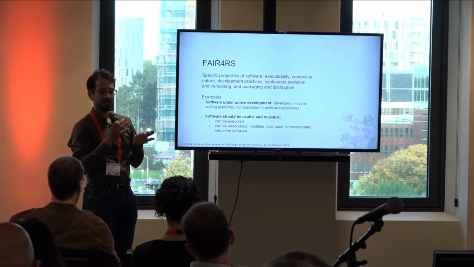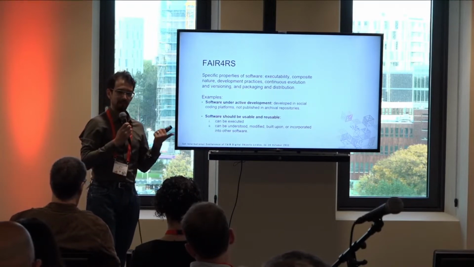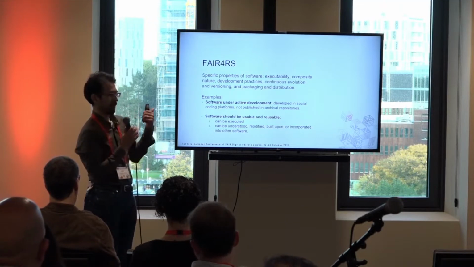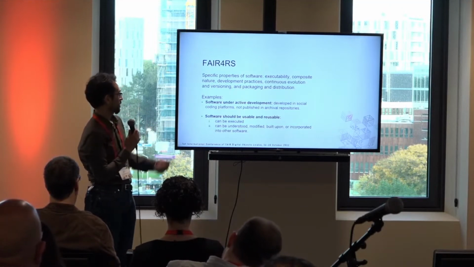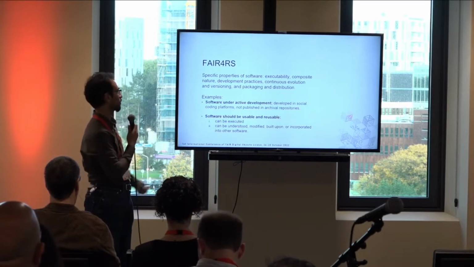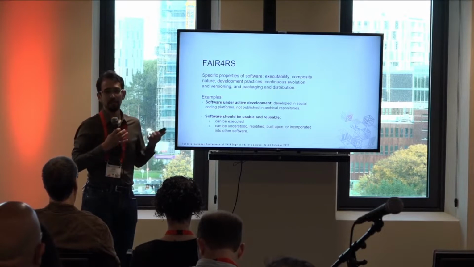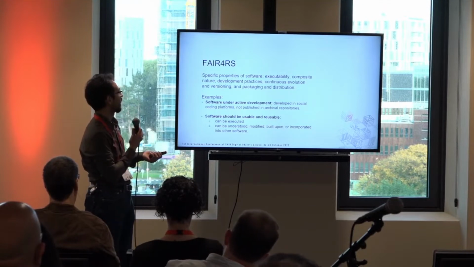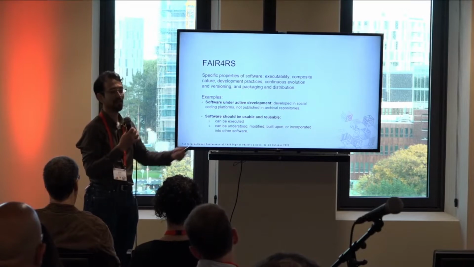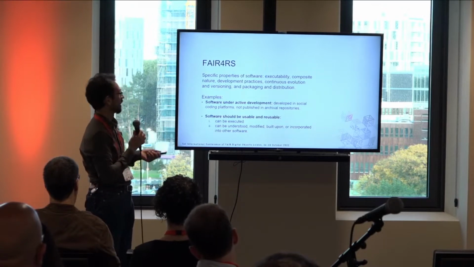So what are the main differences that we see between software and normal data? Software usually has specific properties: it is executable, it has a composite nature, meaning you have dependencies on other software packages, it has its own development practices, and it continues to evolve, right? You have different versions of Python, so Python continues to evolve.